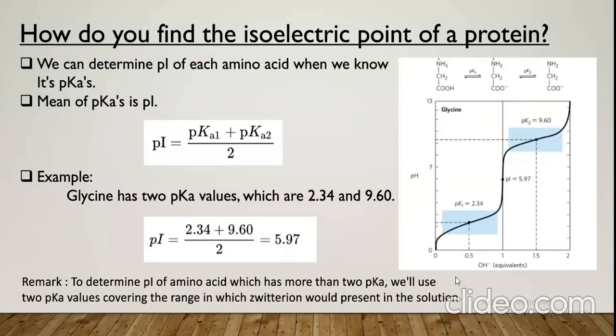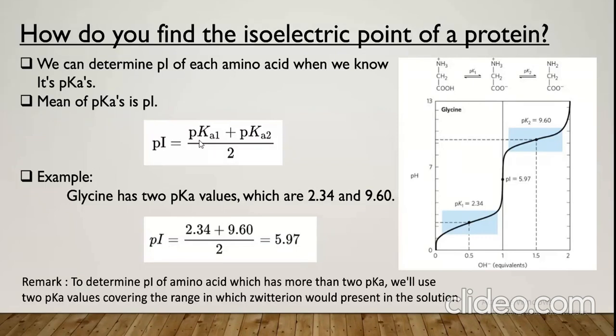Now continuing with the next point, how to find the isoelectric point of protein. Let us first see how to find the isoelectric point of an amino acid. We can do that by knowing the pKa values of the amino acid. If an amino acid has only two pKa values, then pI will be the mean of the two pKa values.